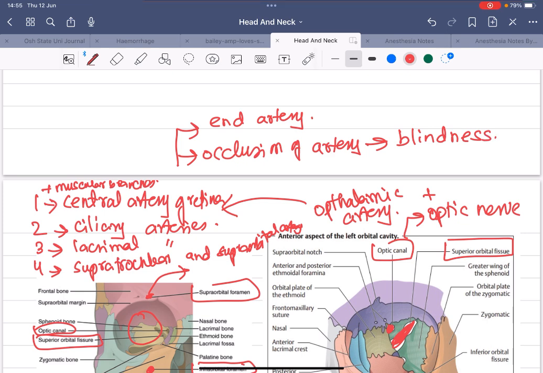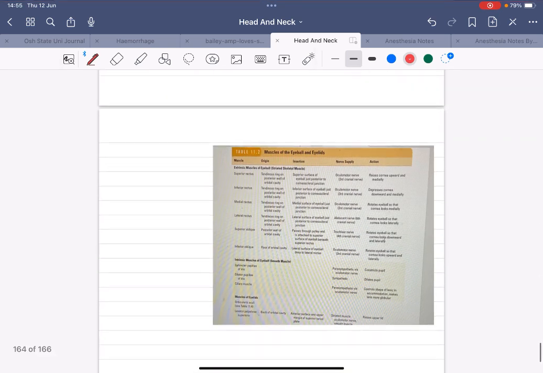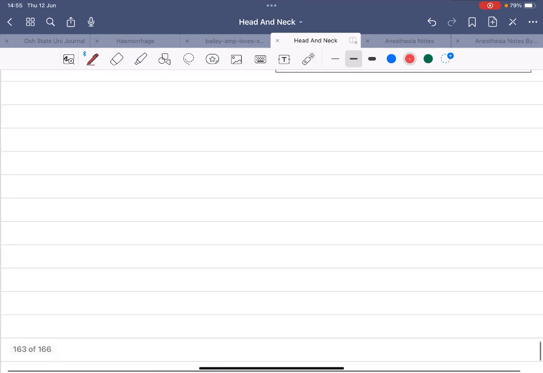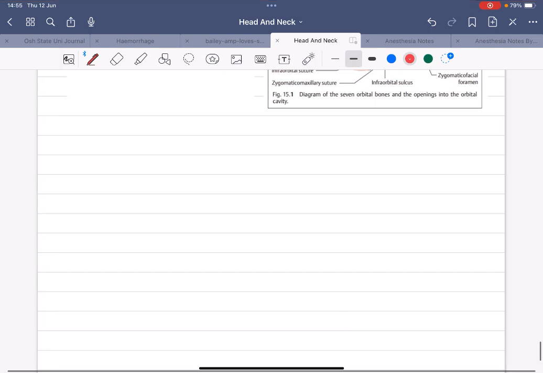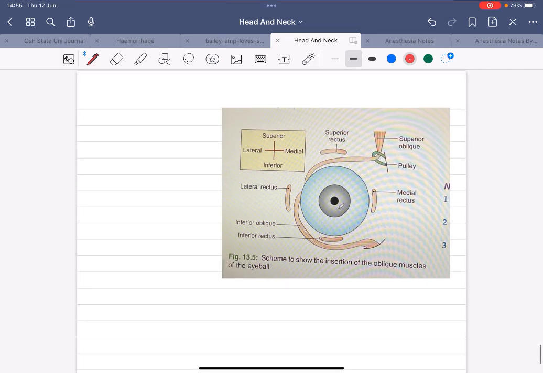Now we must see some other important muscles of the eyeball. Before studying the muscles of the eyeball, first of all I will tell you some important points in relation to them. Number one thing, see this diagram: muscles of the eyeball.